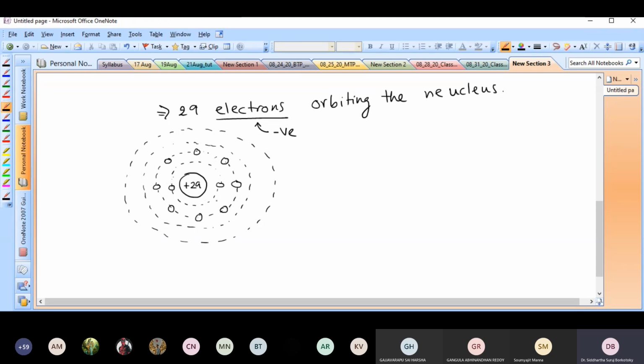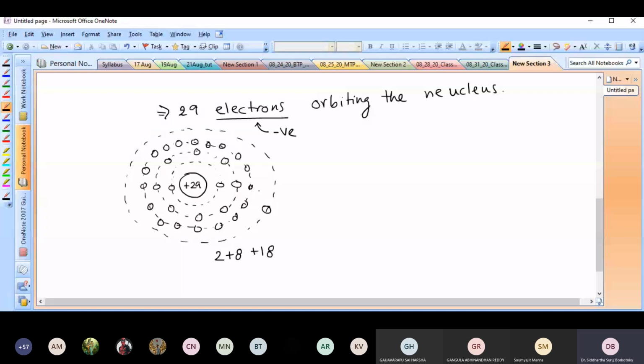Then there are 18 electrons in the third orbit. And how many electrons do we have so far? 2 plus 8 is 10, 10 plus 18 is 28, plus 1 lone electron in the outer orbit.